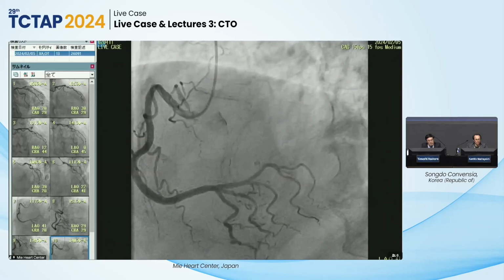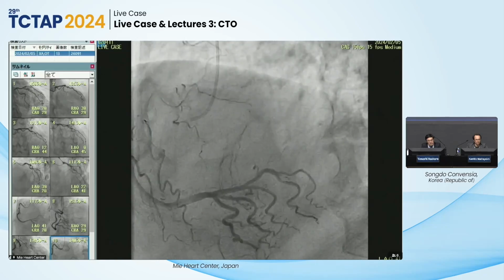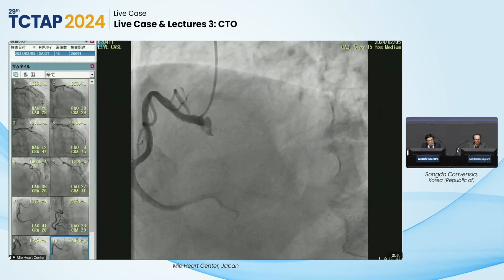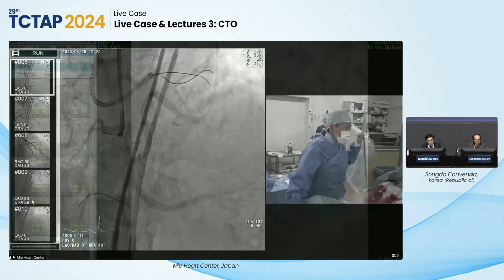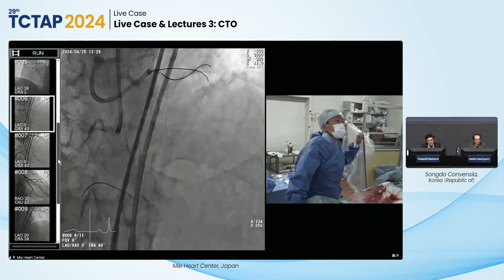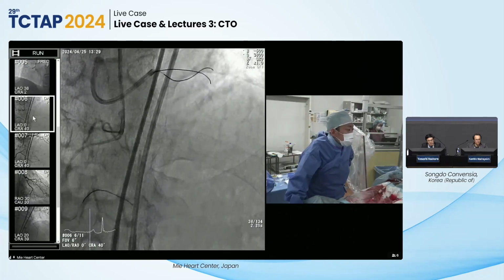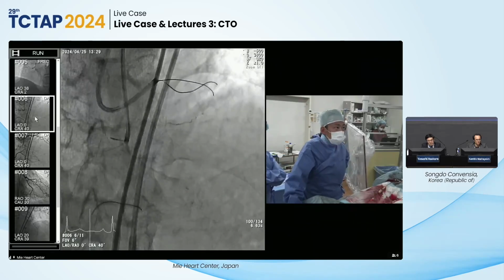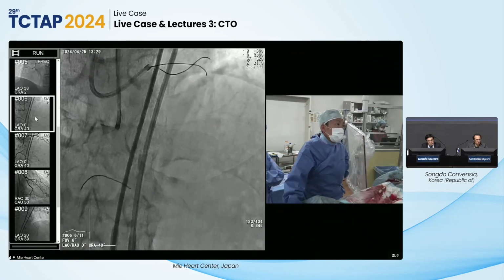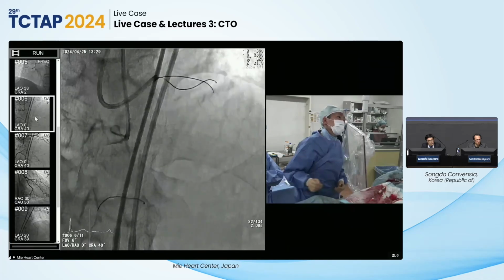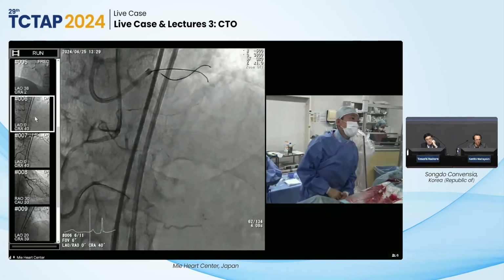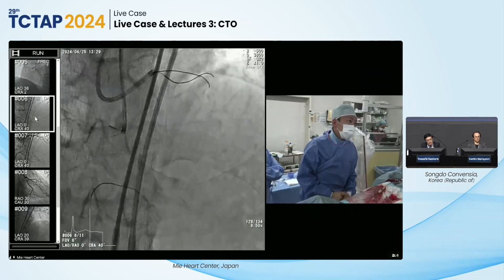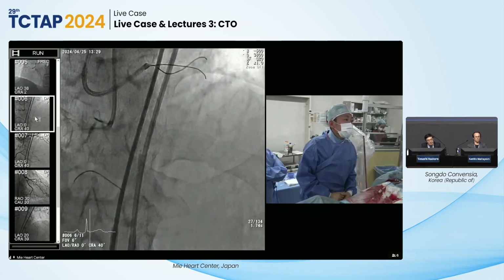Anyway, I want to check the collateral channel from the conus branch, because sometimes there are very clear images around the distal landing zone with this kind of tip injection, but it's not so clear.